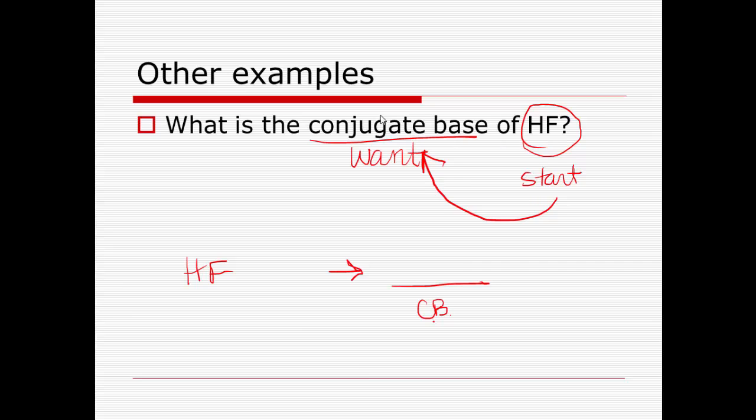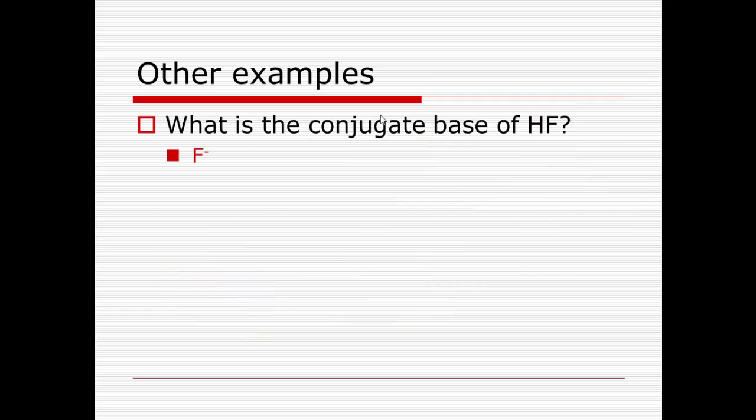What turns into conjugate bases? Acids do, okay? So we need HF to act like an acid in order to form a conjugate base. So we ask ourselves, what do acids do? They donate their hydrogens. And so what would be left over after it donated a hydrogen? Fluoride, okay? So that's just a different way that we can ask these questions.